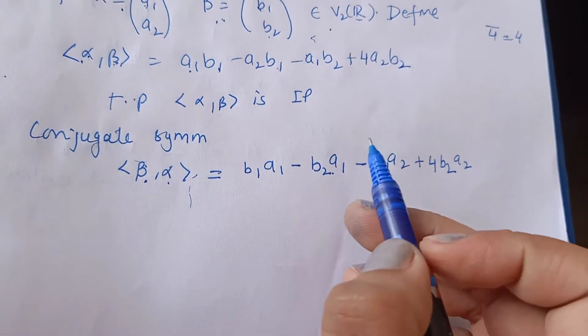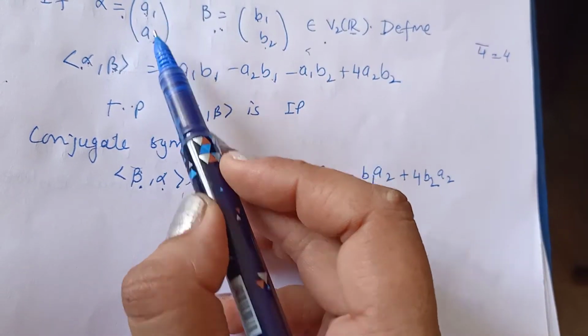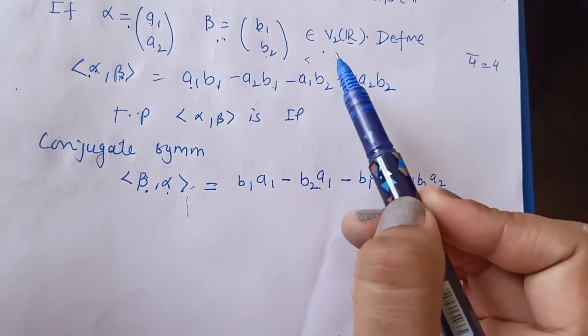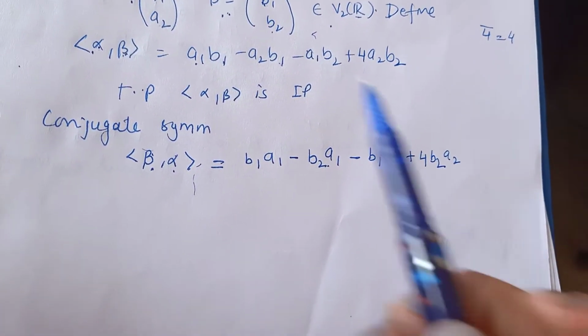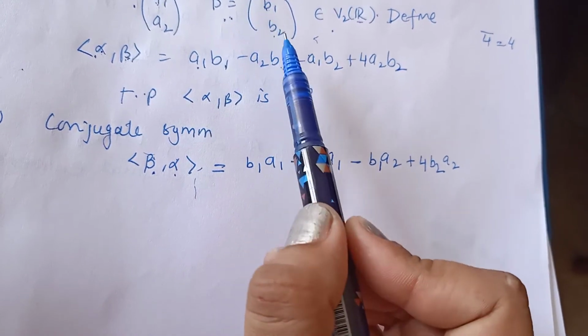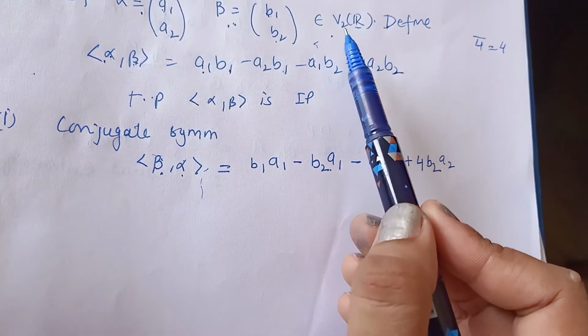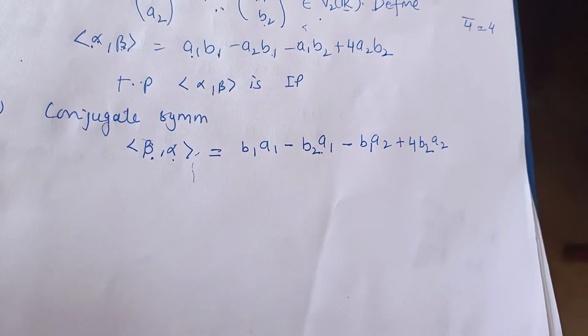Now observe what these a1, a2, b1, b2 are. They are components of vectors from the vector space V, but these actually are real numbers only, because this vector space is over the field of real numbers.